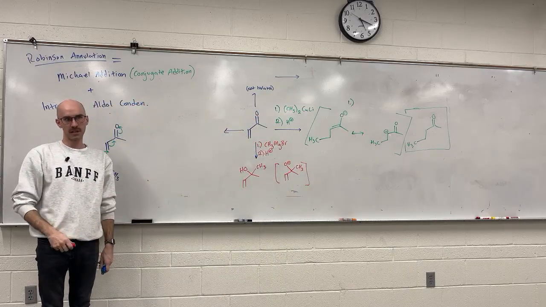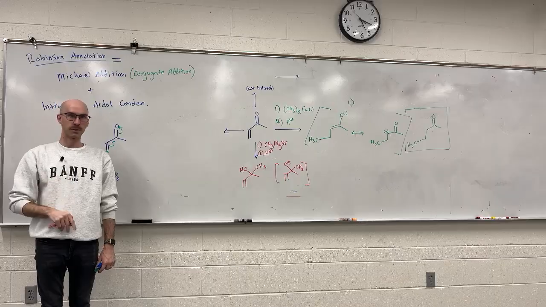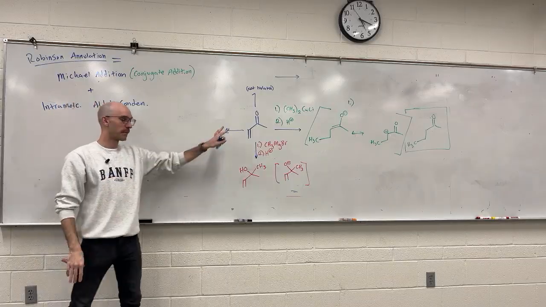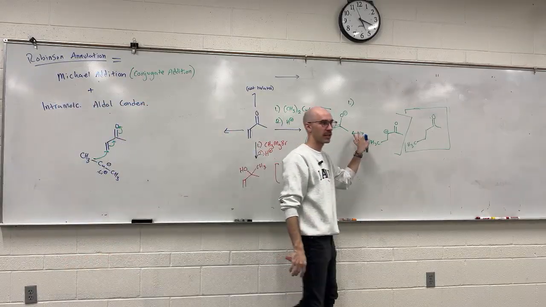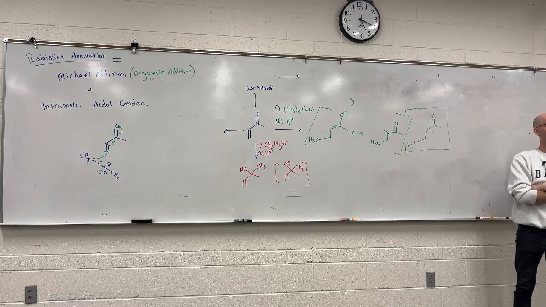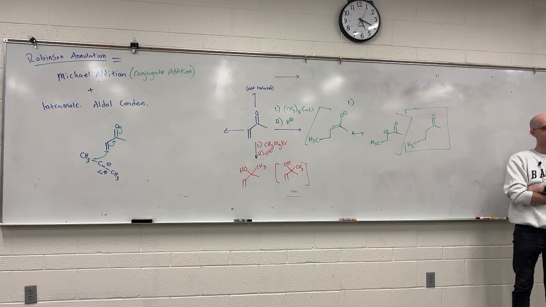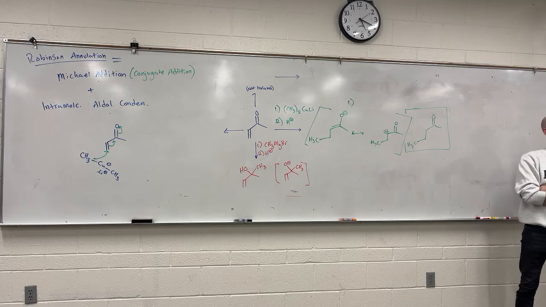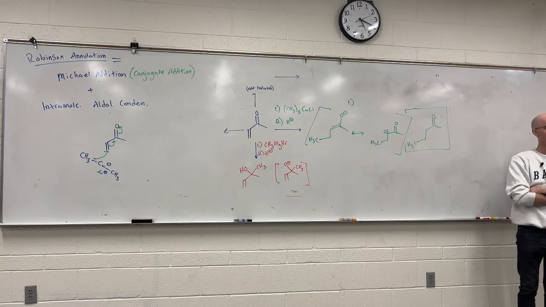Can you tell me a distinction between the intermediates formed from acyl addition and conjugate addition? What's different? That forms an OH group. That's carbonyl.